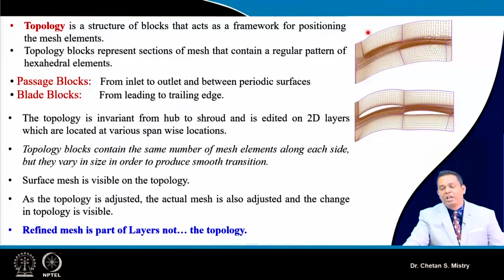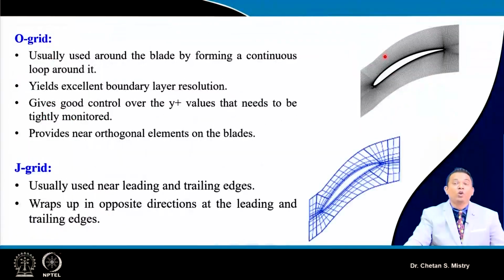Now once we have made this block or topology, what will be our next step? We need to select what kind of grids or mesh elements we will use. If you look carefully, this is our blade, and surrounding this blade we have a very fine mesh. That is to capture the growth of the boundary layer.